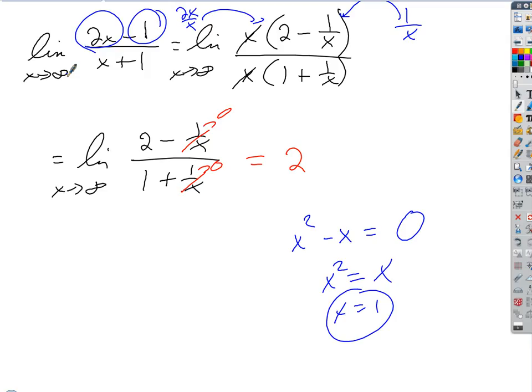We're not going to leave the function like this. For all the other calculus we do on this function, we have to treat it as the real function. We're going to differentiate this one, not that one. All this is good for is answering the question, what's the limit as x approaches infinity?